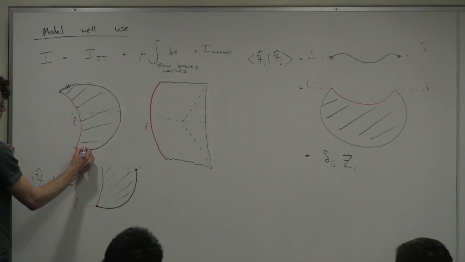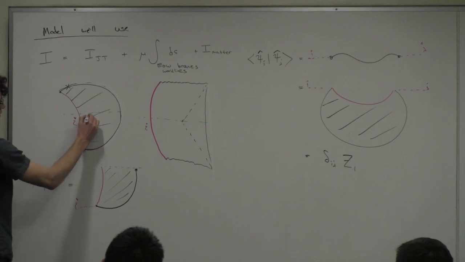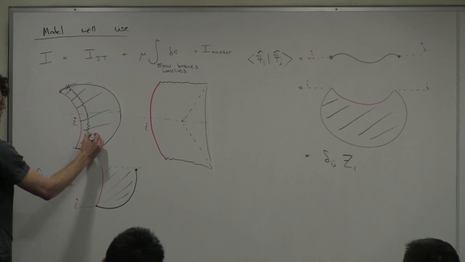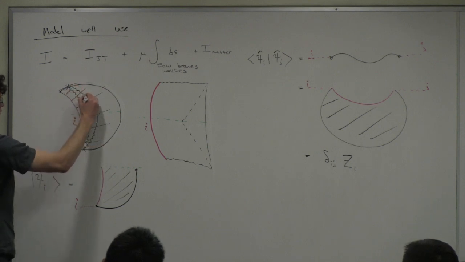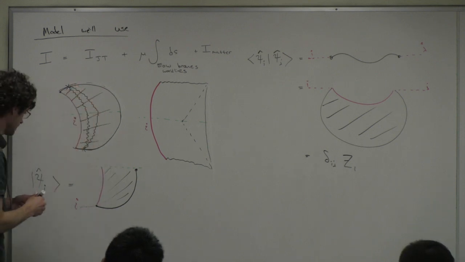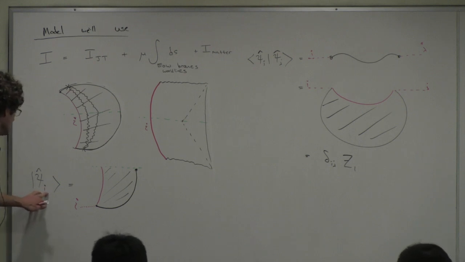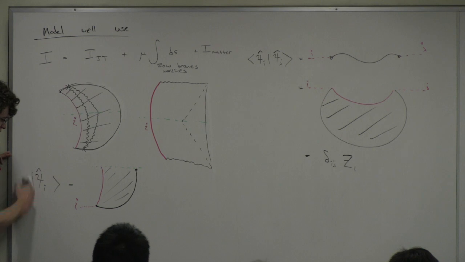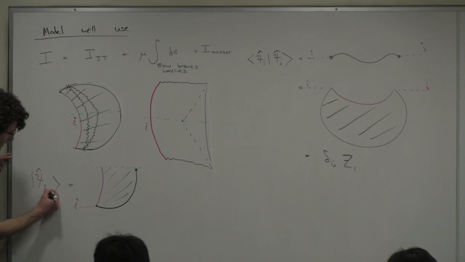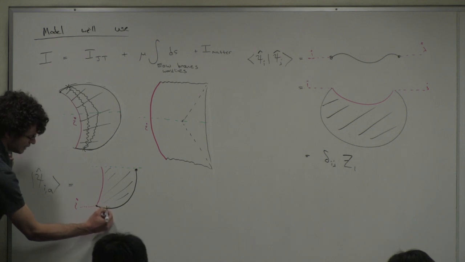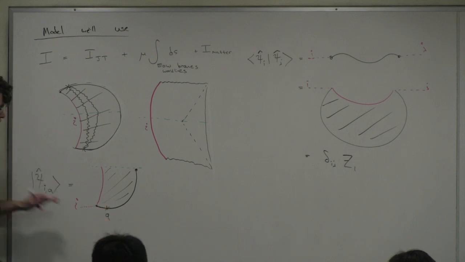And that will create some fields propagating into the center of the space like this. And correspondingly, we should enrich the set of states that we're interested in by adding a second index here, psi I, comma A, where A labels the type of operator insertions that we put on the boundary.